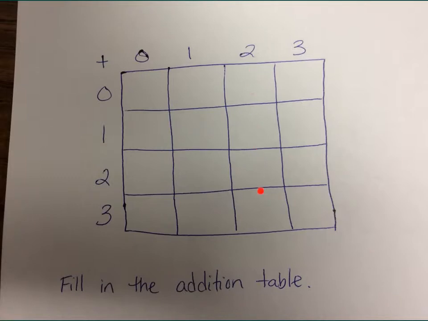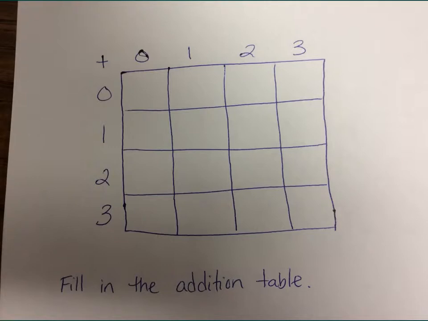The same for 2, and the same for column 3. The rows work the same way. When I go across, this is row 0, so I'm going to add a 0 to each of these. Same thing for row 1, row 2, and row 3.